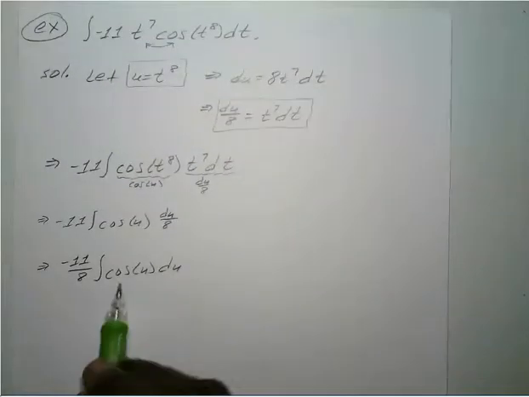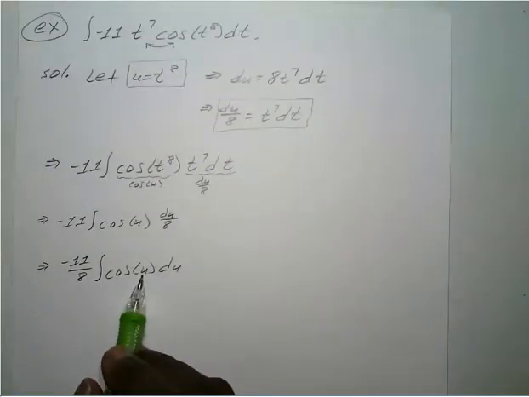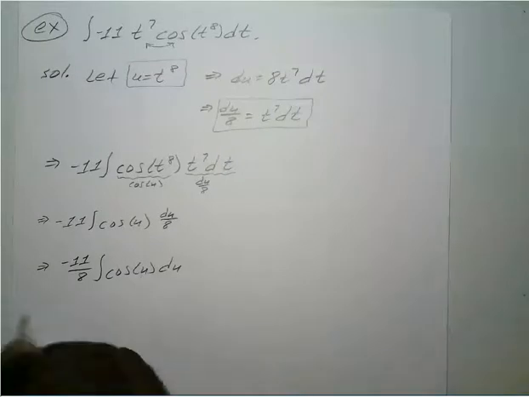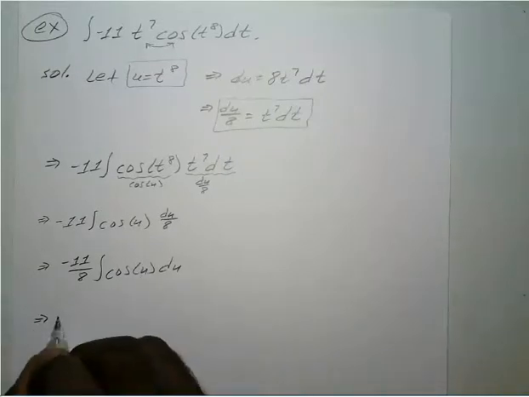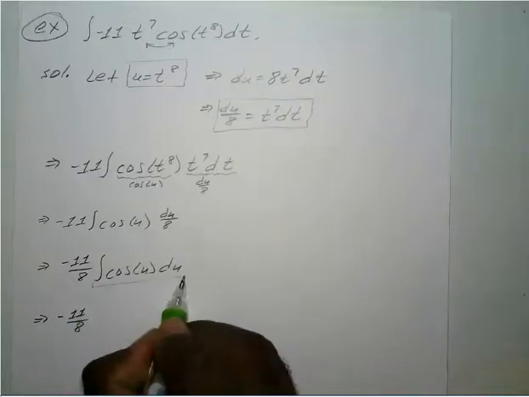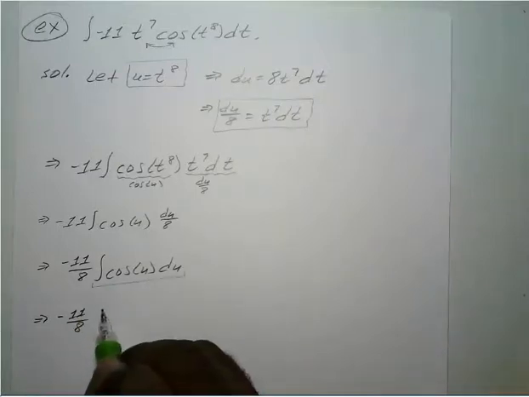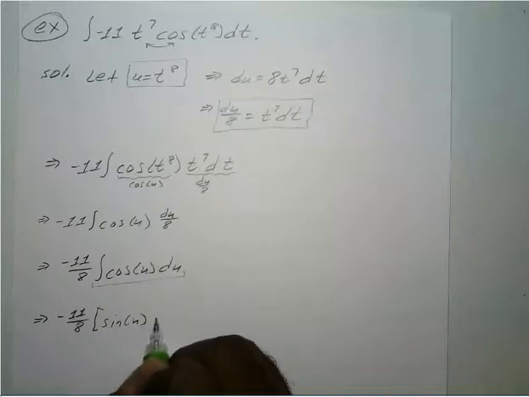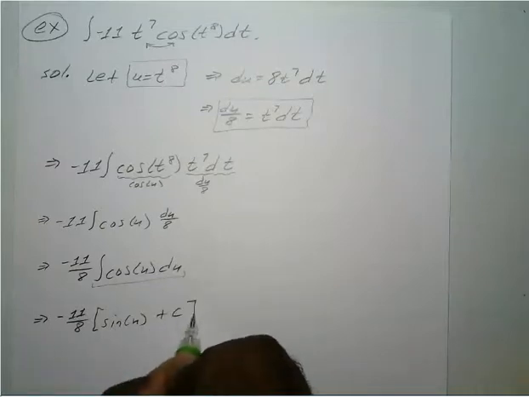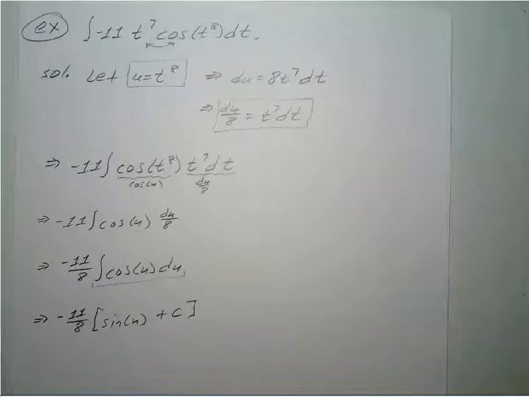We already know the integral of cosine of u is sine of u. So we have negative 11 over 8 times sine of u plus c. Actually, you can make that C1 if you want to.